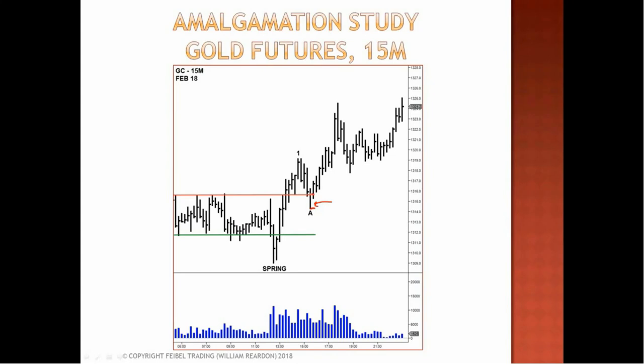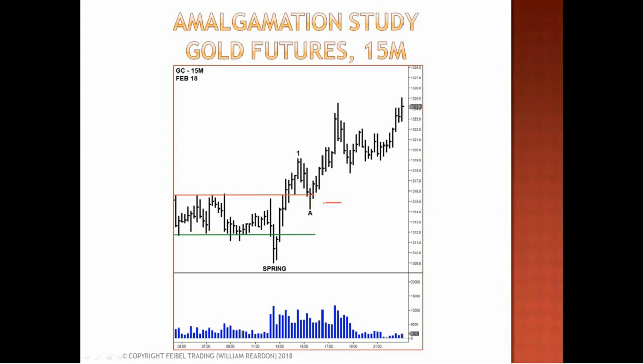That is not coincidence. We can read this. We know there's supply all along here as the resistance has held. So as we break through, we come back. We've noticed we cannot close under here again. We have a backup to the edge of the creek with a lovely key reversal testing bar.